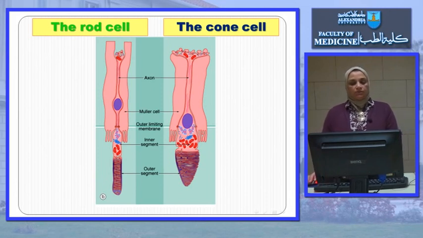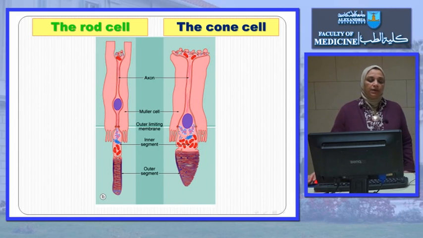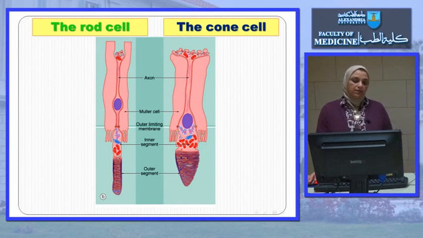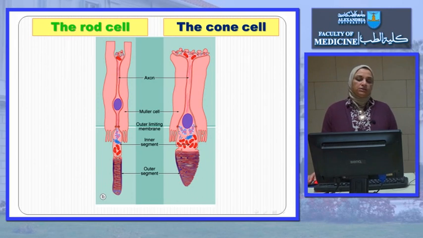Inner segment, as I said, contains the metabolic part, while nuclei or cell bodies, as I said, the nucleus of the cone is large and faint in color, present at the line of the outer limiting membrane. Remember, what's the outer limiting membrane? I said, you see this rod cell is surrounded by a neuroglial cell called Muller cell, a supporting cell. Also the cone is surrounded by supporting cells.